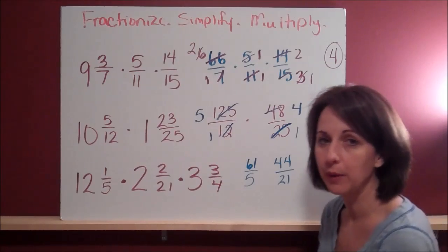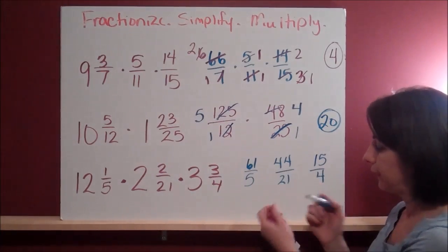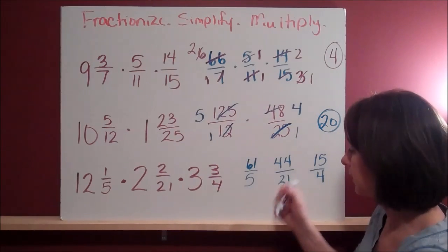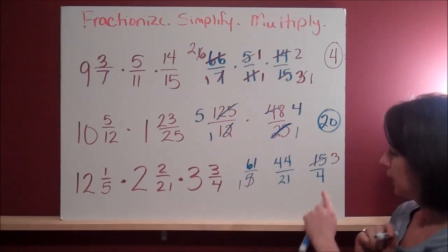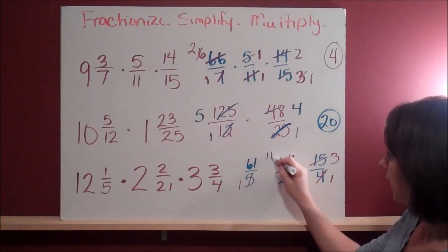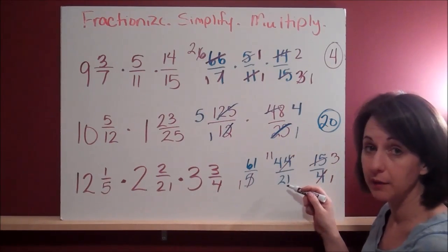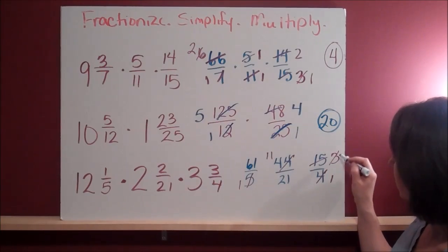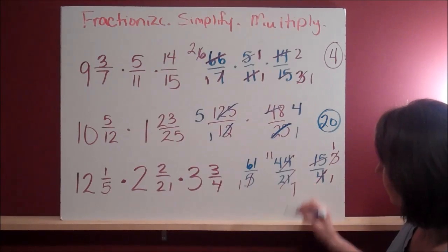And now I'm looking for what I can simplify, and so I'm seeing, oh, well, here's a 5 and a 15. So I'm going to divide this by 5 and get 1, and divide this by 5 and get 3. And here's a 4 and a 44, 1 and 11. Well, here's a 3 and a 21, so I could do that. So I can divide this by 3 and get 1, and divide this by 3 and get 7.